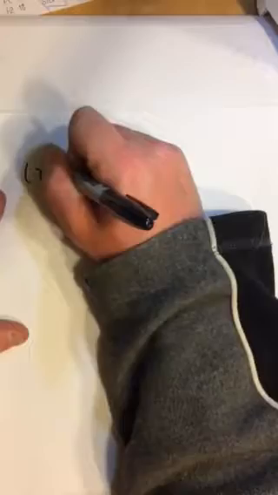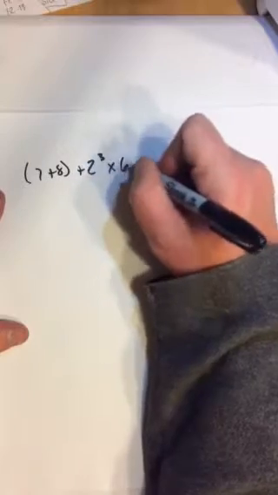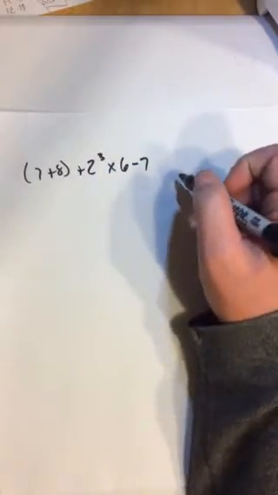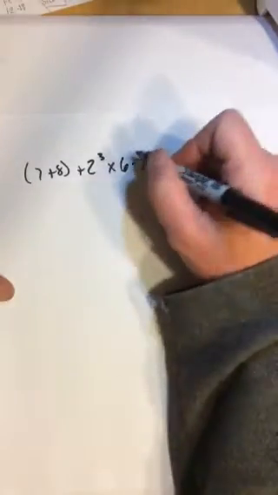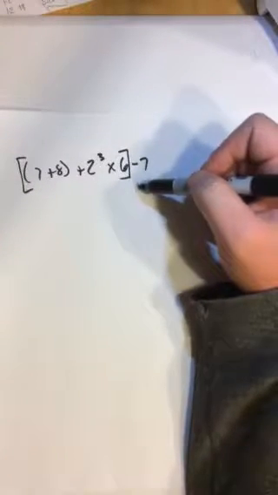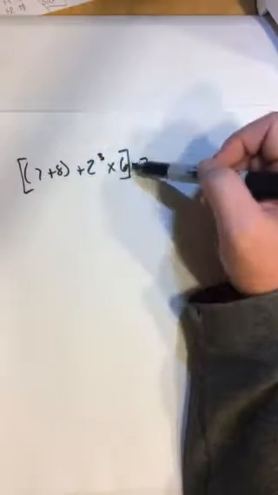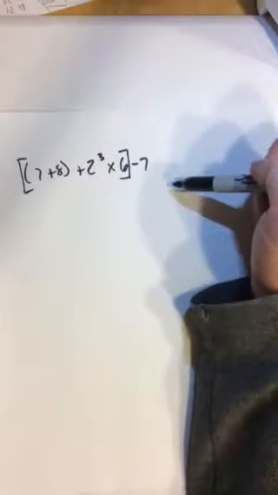Our original problem was 7 plus 8 in parentheses plus 2 cubed times 6 minus 7. What happens if I put a bracket around all of this? What it's saying is that before we're done with our parentheses, everything inside of these brackets is going to be solved as well.